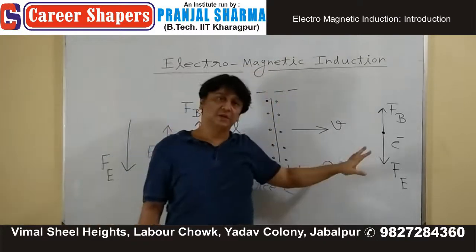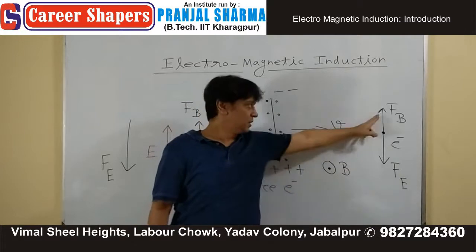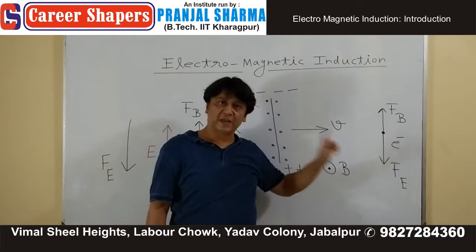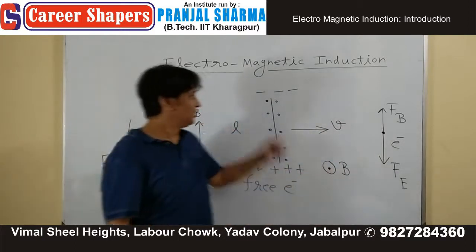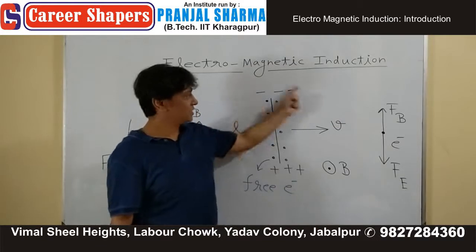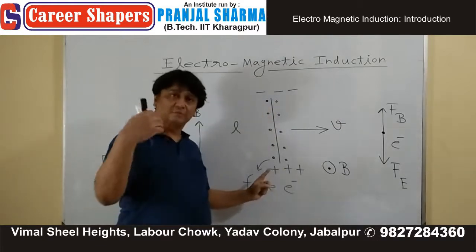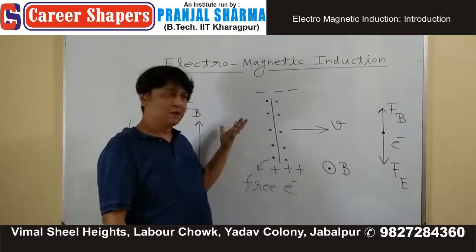That means a time will come when these two forces are of same magnitude. Gradually, force coming from these electrons and these protons, for the time being, let's say protons, is increasing.